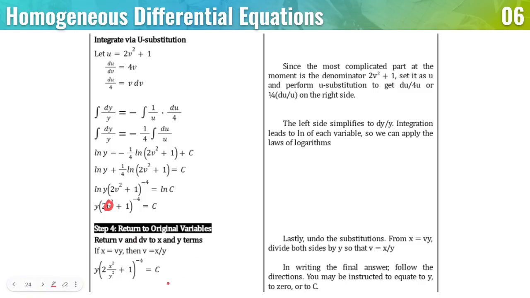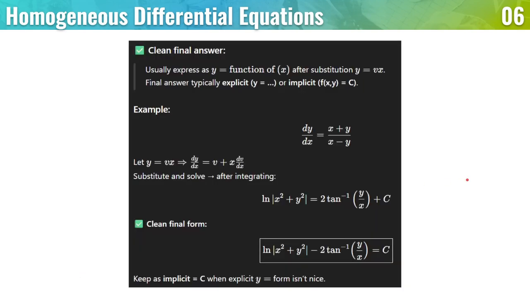So you can simplify it further, but to my knowledge, this is already acceptable. So, according to textbooks and even online sources, for homogeneous differential equations, you want the final answer to be expressed in equals c. So that makes it clear what the final answer is like.